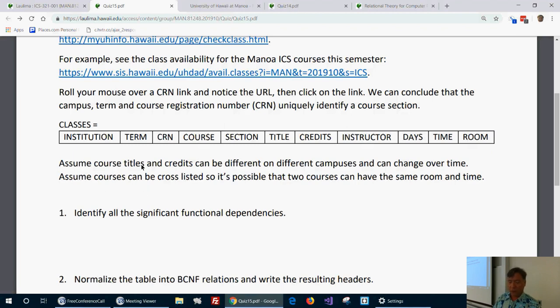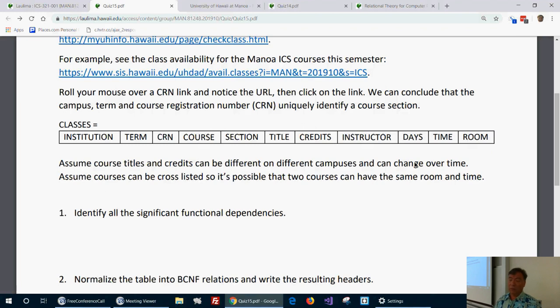So here we assume the course titles and credits can be different. The course titles and number of credits can be different on different campuses for a course, and can change over time. So we have ICS121, Manoa, fall 2018, and it's 4 credits. It's the same course name, and on the other campuses it's 3.